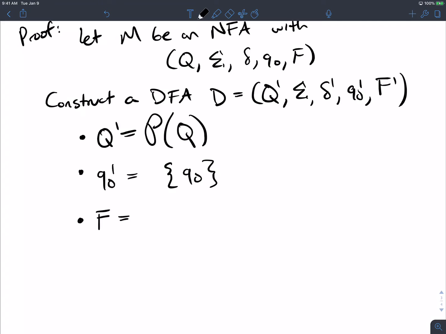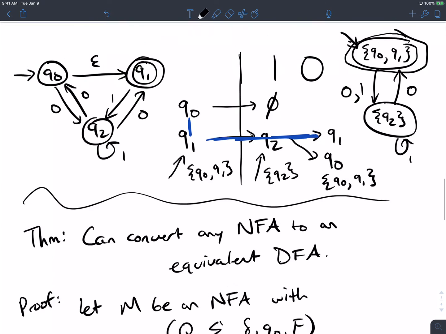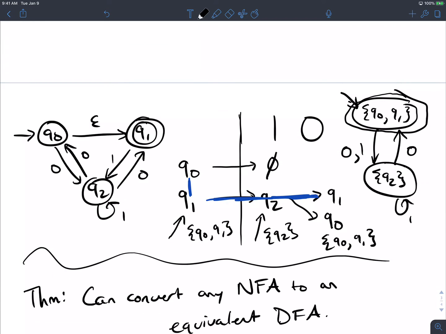The final states, remember, is a set of states. The final states are always a set of states. So that's always true. Well, how did we, from the DFA up here, the Q0, Q1 state, how did we know that was final? How did we mark that final before? Yeah, because one of the elements inside of it was originally a final state in the NFA, namely Q1. I didn't care about Q0.